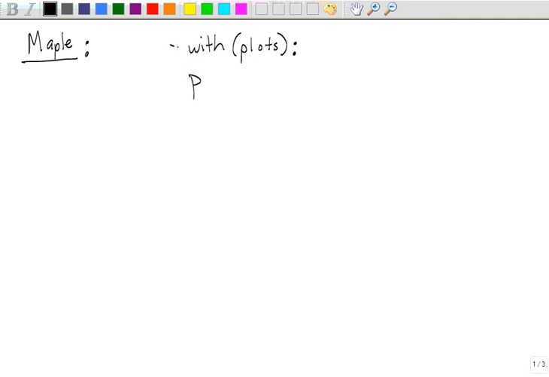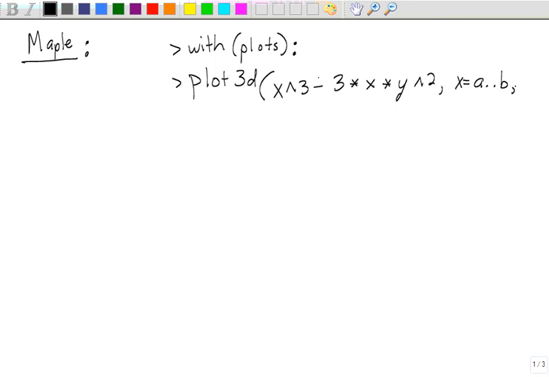And then you could just say plot3d, let's make one up, x cubed minus 3 times x times y squared, and then you set your domain, x equals A to B, whatever that is, you put numbers there, and then y equals C to D. So you set your domain, your x and y values. And don't forget your semicolon. And that will give you a good picture of your curve.